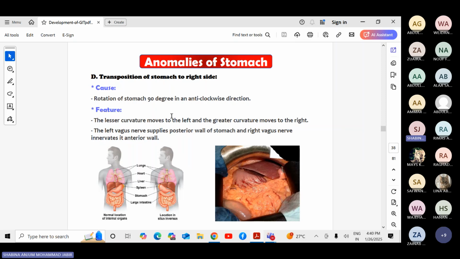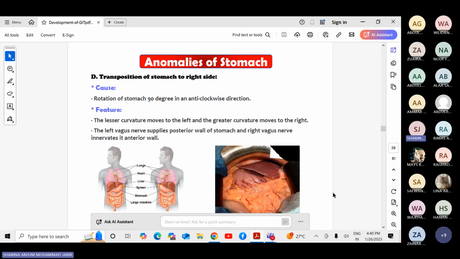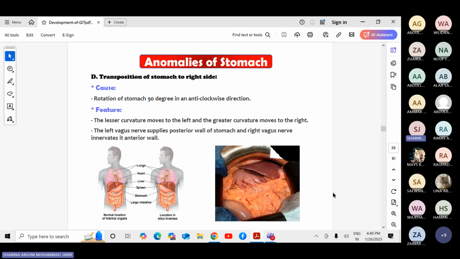This rotation will happen not only with the stomach, all the organs will be rotated in the opposite direction. This is called situs inversus, meaning all the organs, because the rotation is not only happening for the stomach, all the organs are rotating to get their normal position.